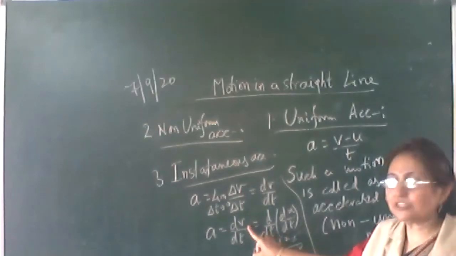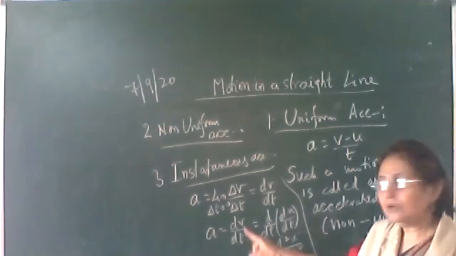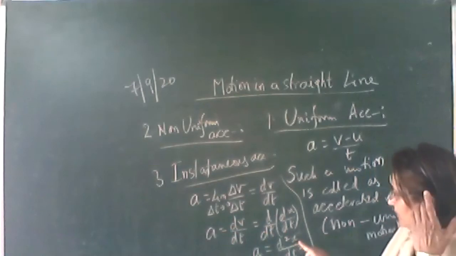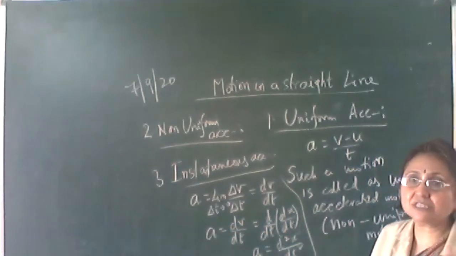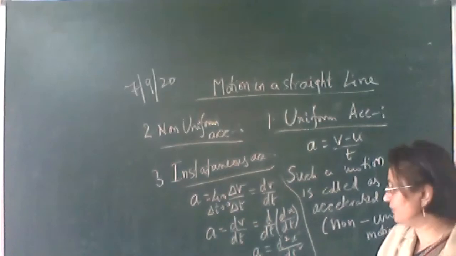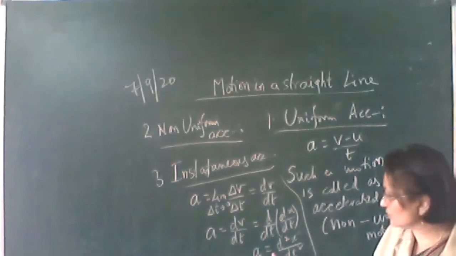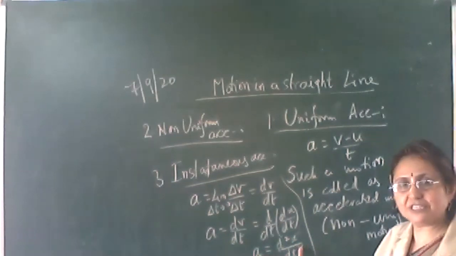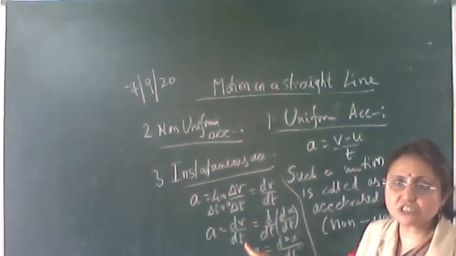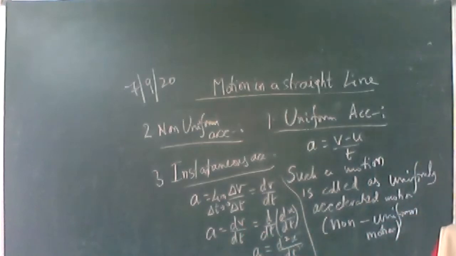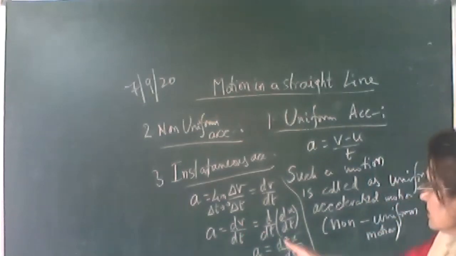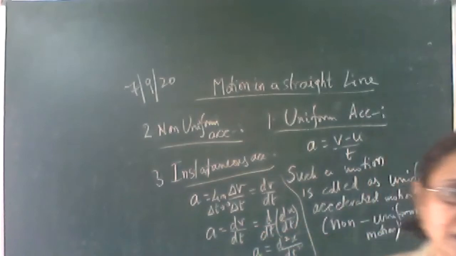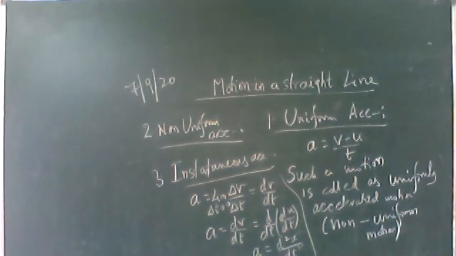If the velocity and time equation is given, you differentiate once to get the acceleration. But if the displacement and time equation is given, you differentiate twice. So a is given by dv by dt or d2x upon dt square. Okay, only this much.